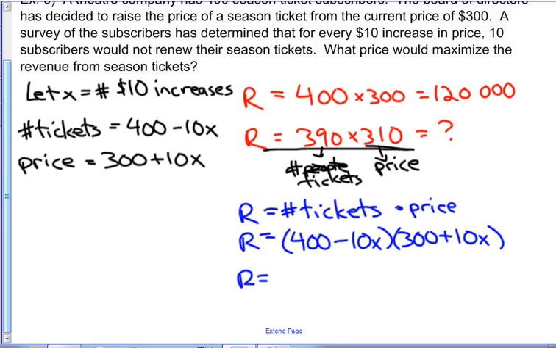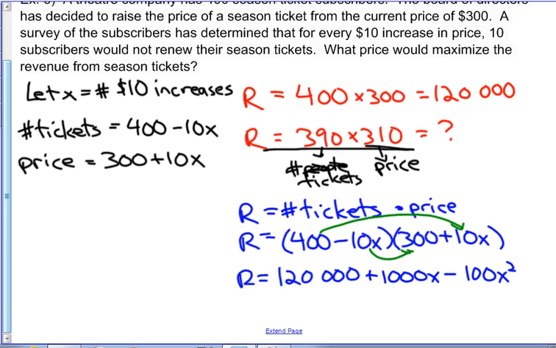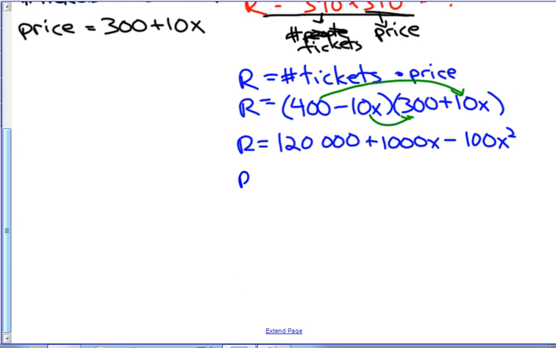And what's this going to give us? Well, it already is a quadratic, but we can get it in trinomial form. This is going to be plus 4,000 minus 3,000. So that's plus 1,000x minus 100x squared. I really don't like seeing it in that form, so I'm going to put my x squared term first.